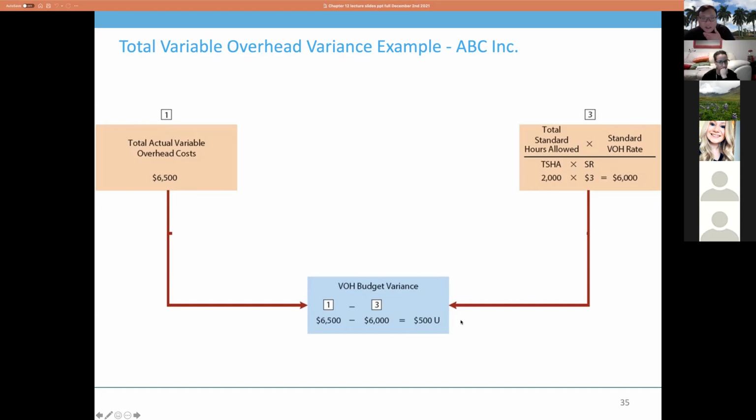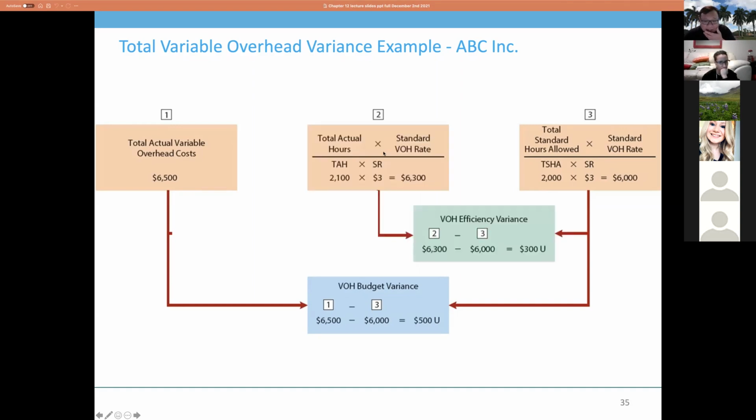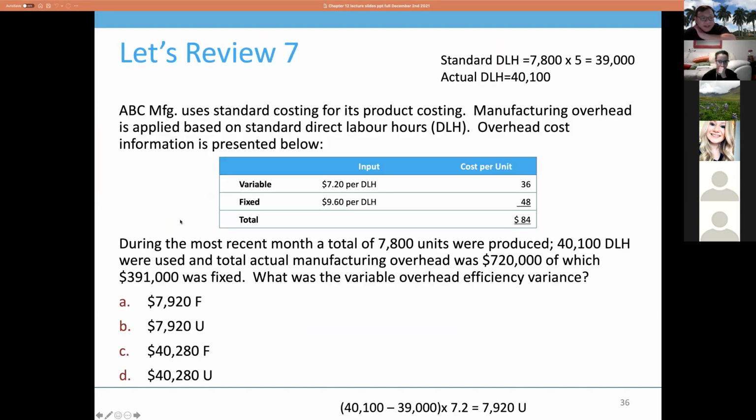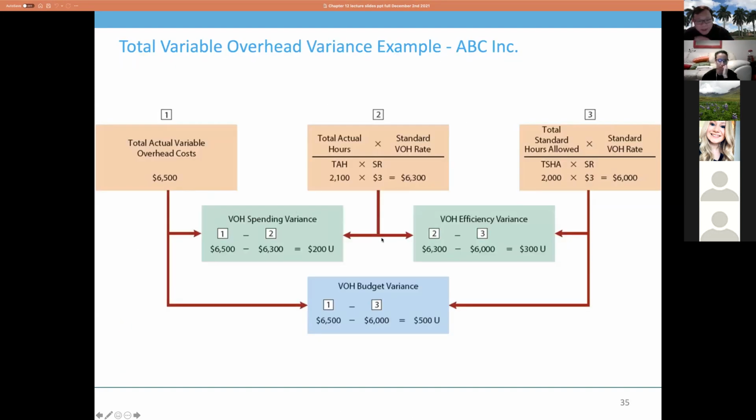Budgeted variance. If you have something in the middle, actual quantity, standard price, 2 minus 3, that's your efficiency variance, okay? And the 1 minus 2, that's your spending variance. So just note all these special terms, right?